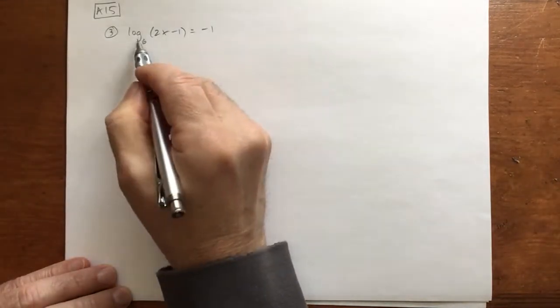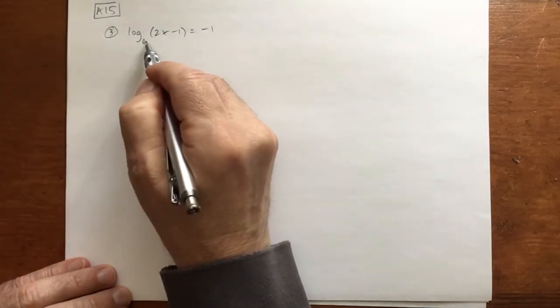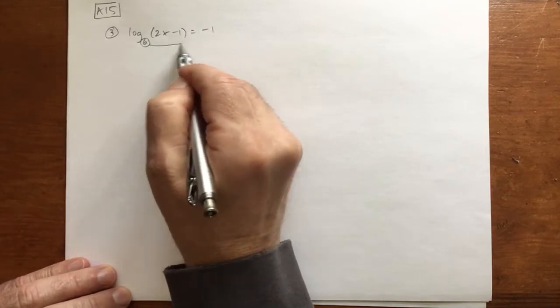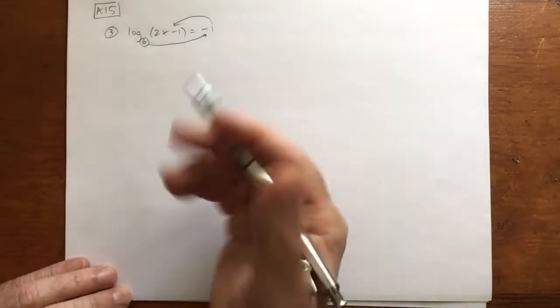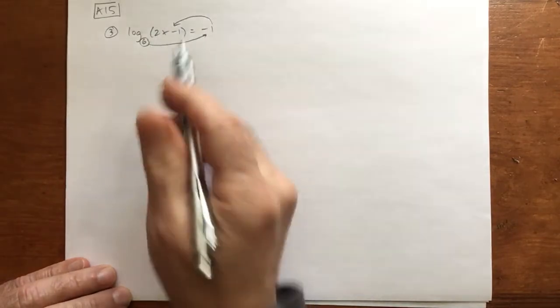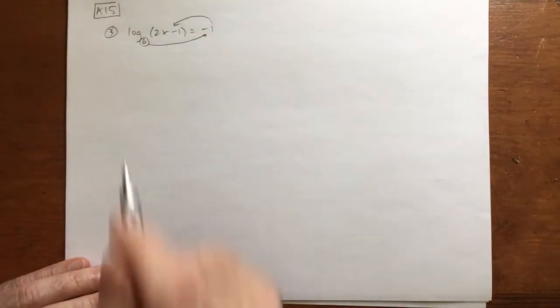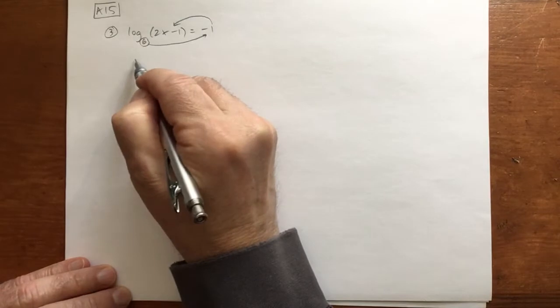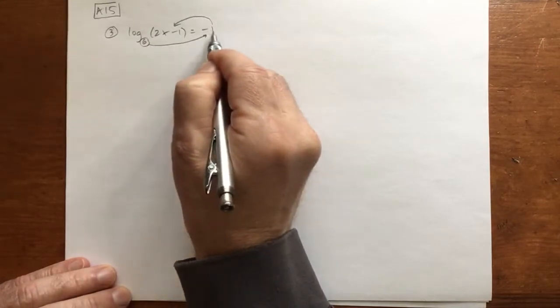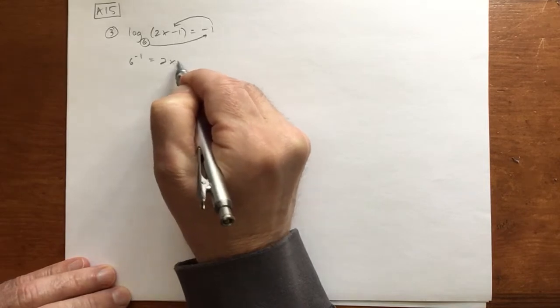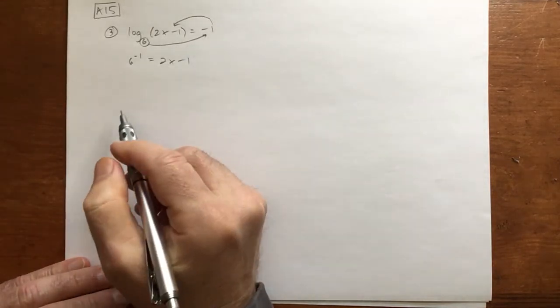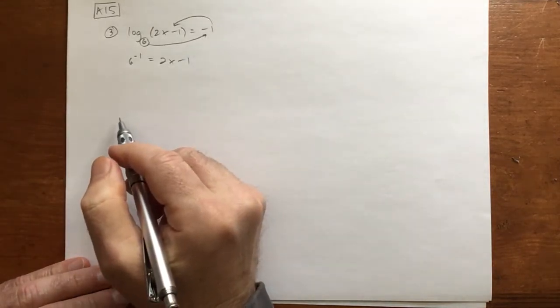Remember, logs and exponentials are inverses, and so I'm going to convert this to exponential form. And what that will do, it will get the x outside of this logarithm. So I can solve for the x. And so I get 6 to the negative first equals 2x minus 1. And kind of a simple equation now.